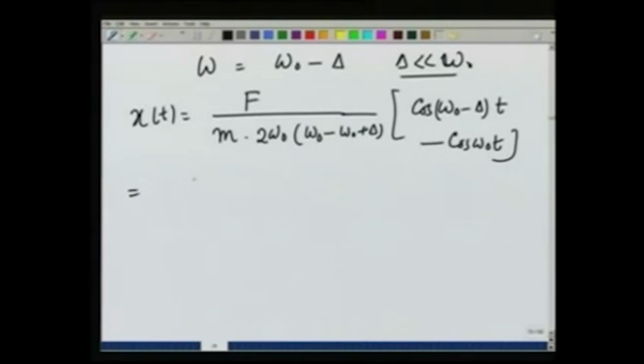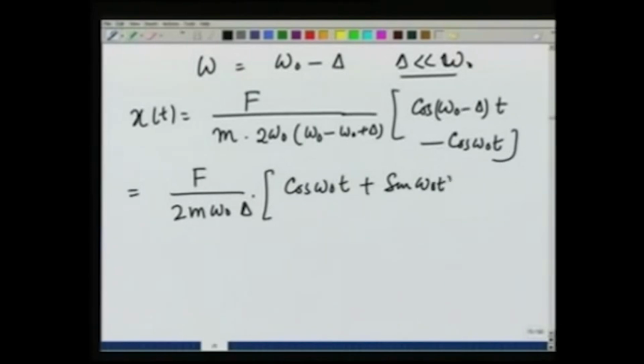This comes out to be f over 2 m omega 0 delta times cosine omega 0 t cosine delta t, and delta being very small, I will take that as 1, plus sine omega 0 t times sine delta t, which I will take as delta t, minus cosine omega 0 t. In fact, finally I am going to take the limit of delta going to 0.